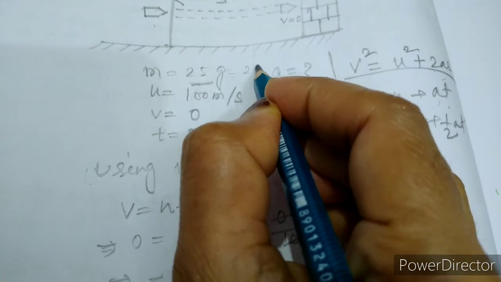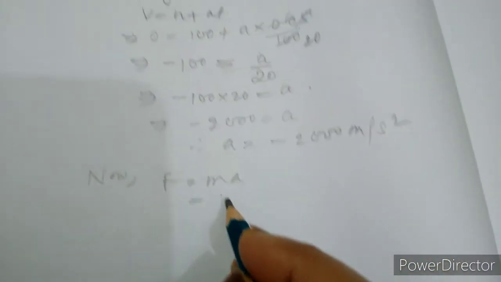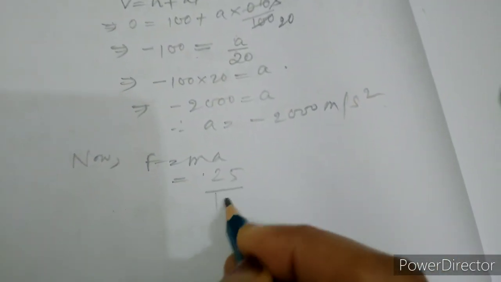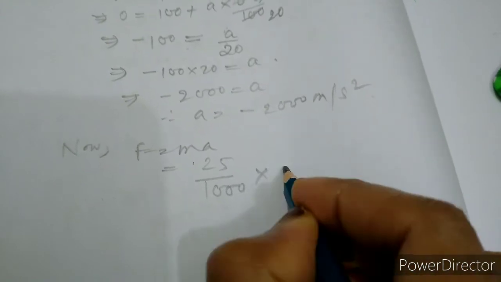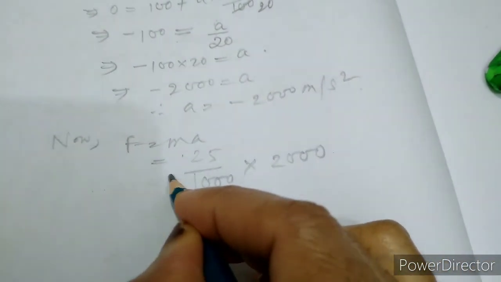So you will simply divide it by 1000. Now you put down its value: 25 divided by 1000, into a, that is 200. Its value is minus, you will put here the minus sign.